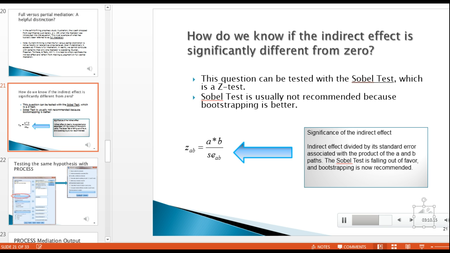And what it does is it computes the indirect effect from all of those samples, and then it takes the average and the variance of those indirect effects and creates CIs around the estimate. So let's say 95% of the bootstrap samples fell within a certain range. That would be your CI for that. And if the range contains 0, then we know that the indirect effect is not significant.